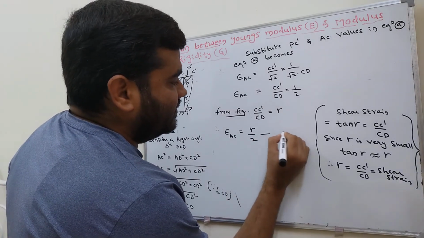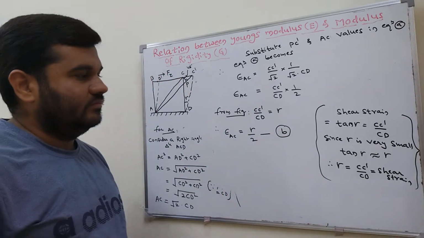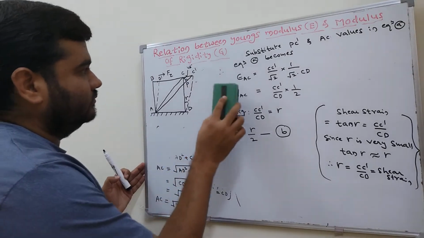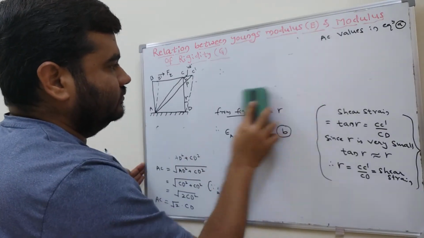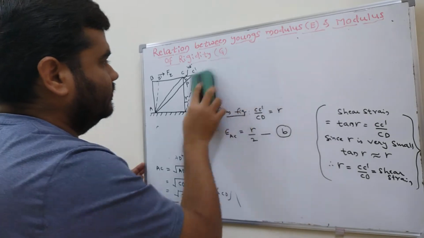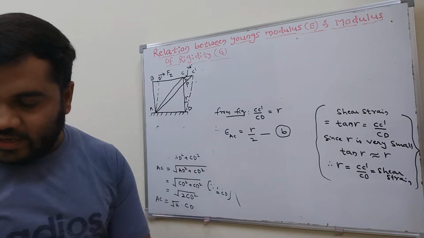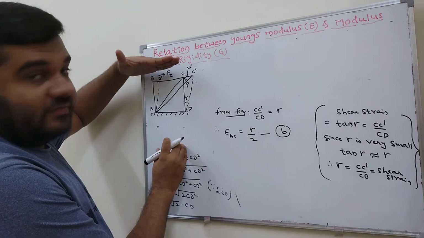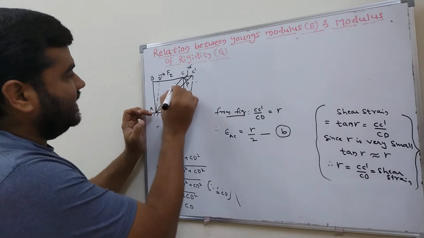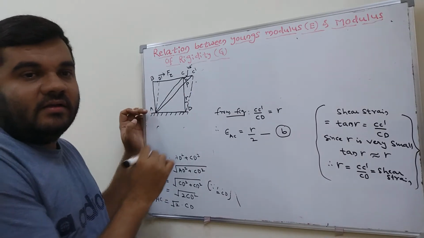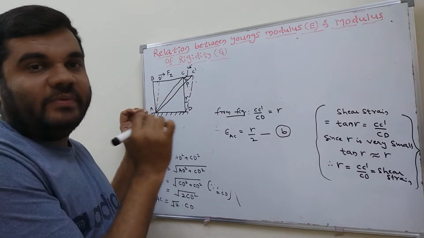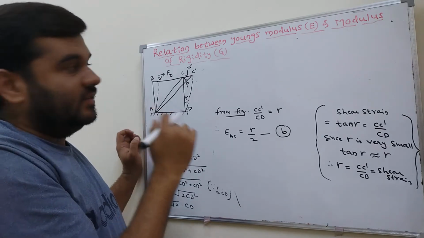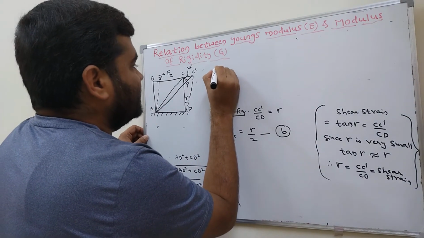Call this equation B. Now, when a body is subjected to shear force F tau, whatever the element of the diagonal AC, it will undergo tensile stress and compression stress. I will just write it here. This is the body.